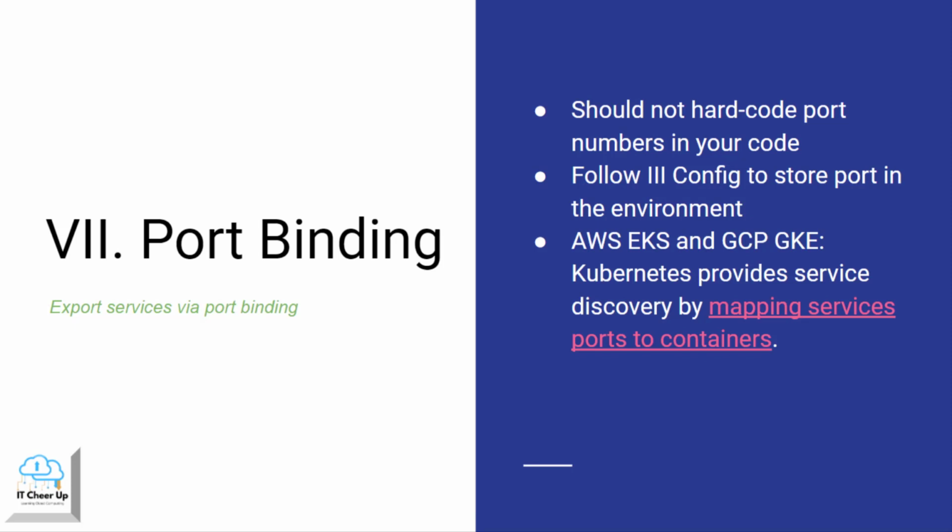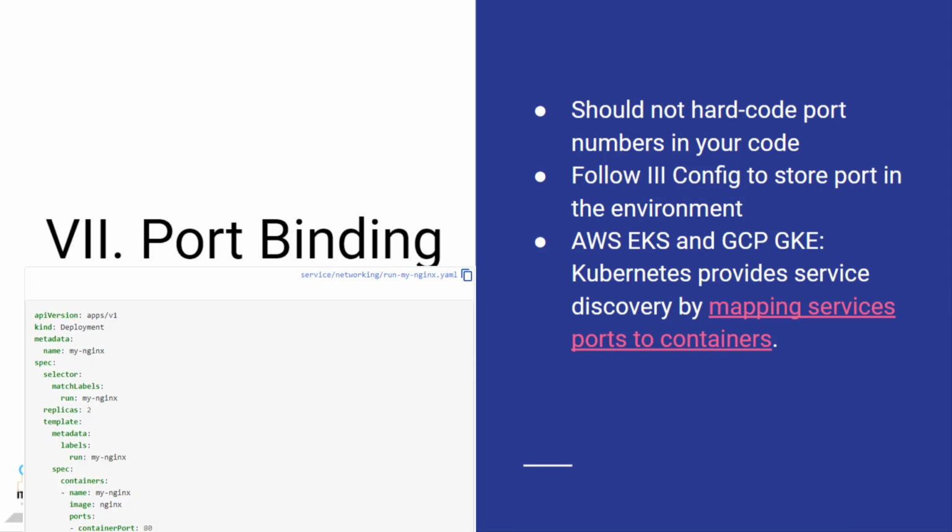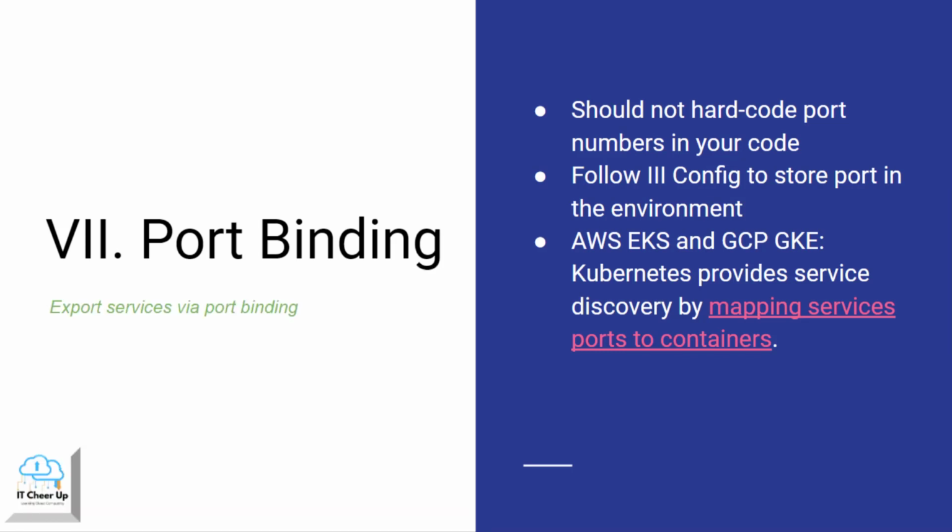Instead, you should follow what we mentioned in the config factor to store the port in the environment. If you're using AWS Elastic Kubernetes Service (EKS) or GCP Kubernetes Engine (GKE) to run containerized applications, then Kubernetes provides service discovery by mapping the service ports to the containers.